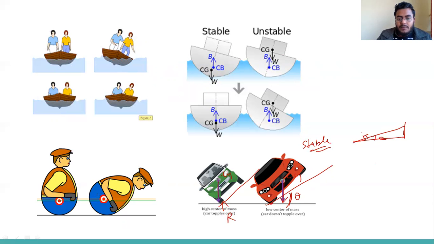So when that happens, this car will go down, toppling will occur. But this one is stable. So we also have to see that the center of gravity should be inside the wheel, or in this figure, it should be on the right side of the point of contact.